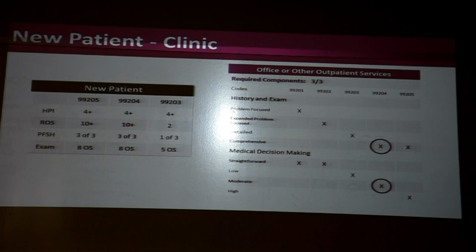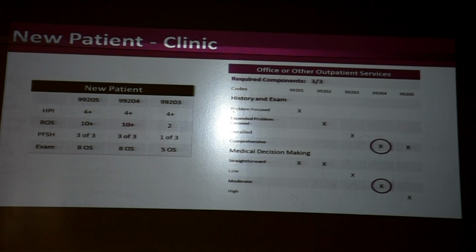That's the difference between that level 5 service and that level 4, and I'll explain what I mean as I go on, with some examples of what qualifies. But that level 4 is moderate medical decision making, yet it carries quite a large amount of history, physical, and past family social history documentation requirements.